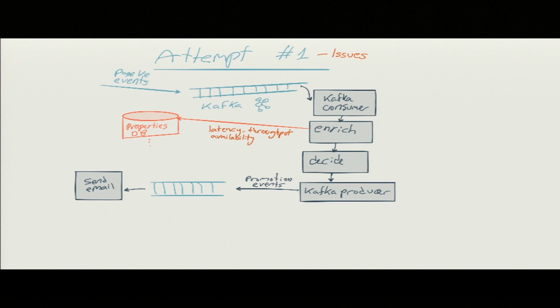And your DBA, if it still exists in your organization, will absolutely hate you forever if you do it. And then there's also an availability question. If you go to one service or two, it's not a big deal. But I've seen a lot of apps that enrich by contacting maybe 20 different services. The probability of any one of those being down or busy is actually pretty high. So how do you do retries? And where do you store the messages while you're retrying? It gets really, really complicated.